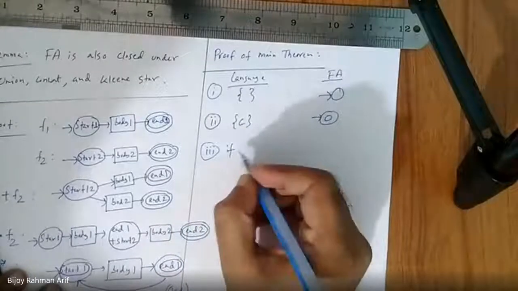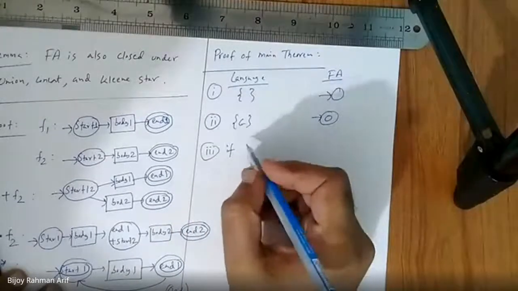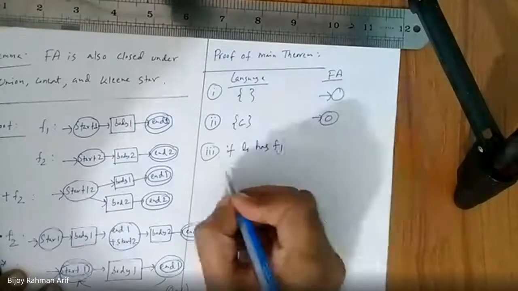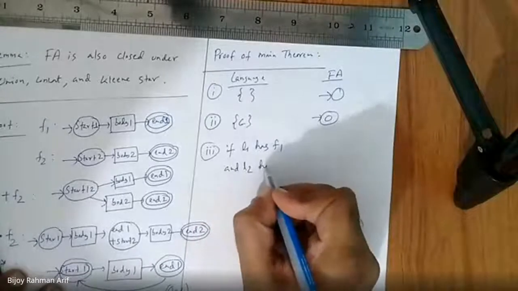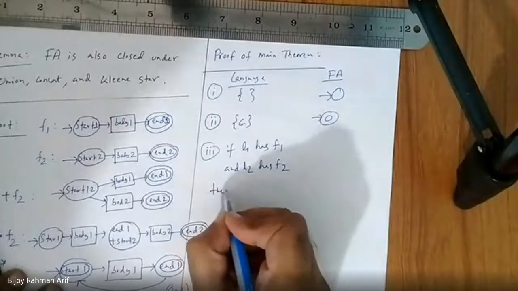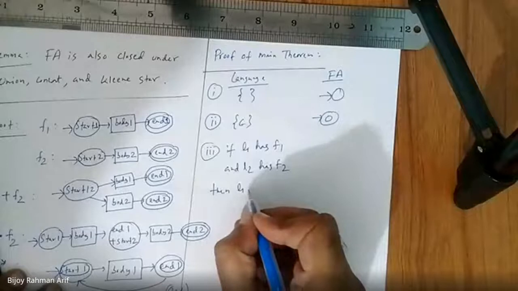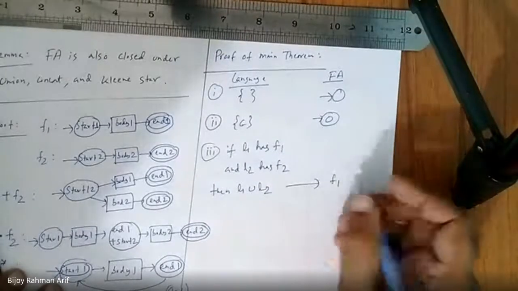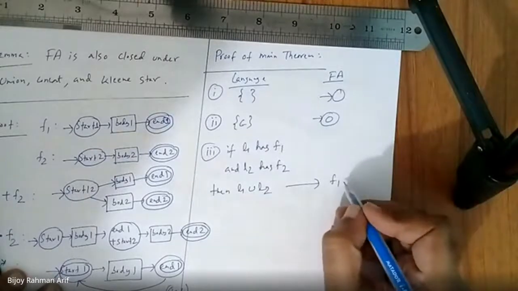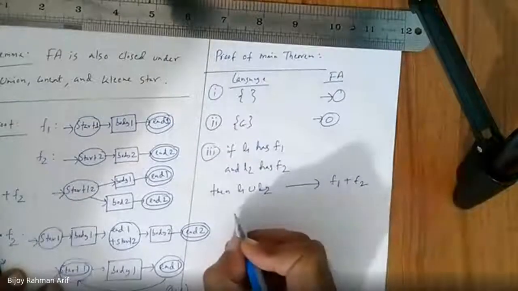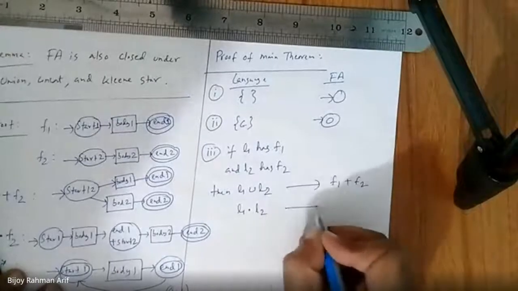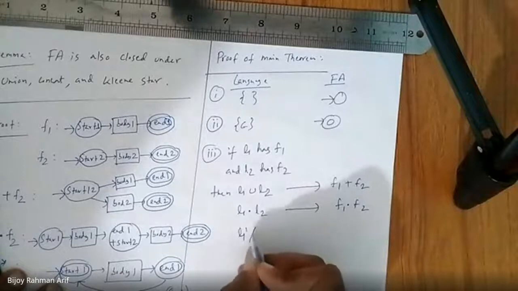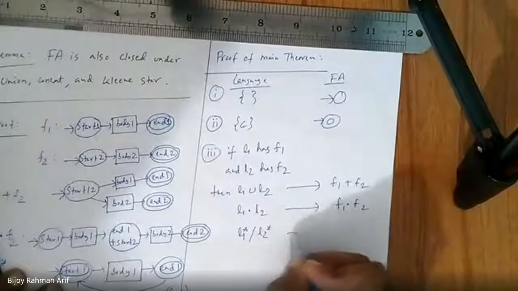If L1 has F1 and L2 has F2, then L1 union L2 has a finite automata, L1 concatenated L2 has a finite automata, and L1 star has one too.